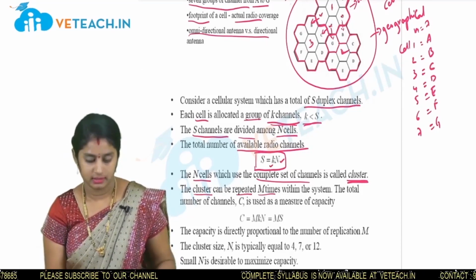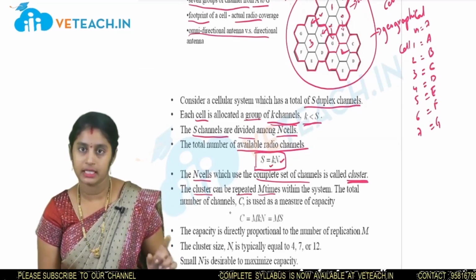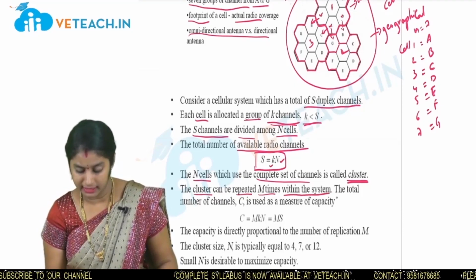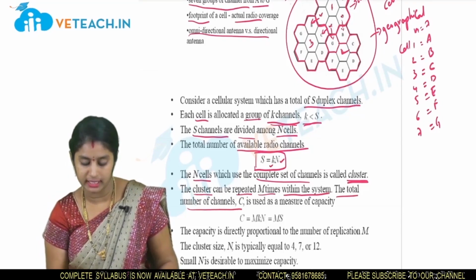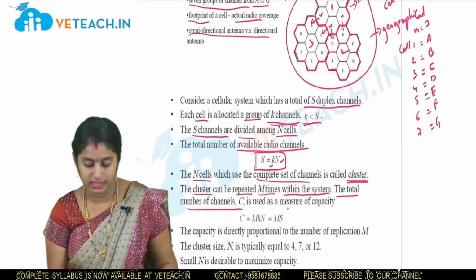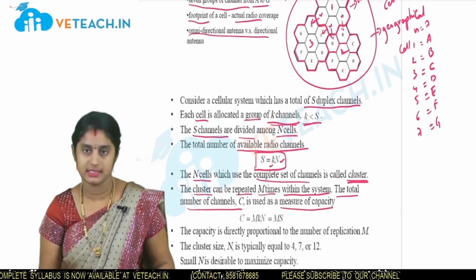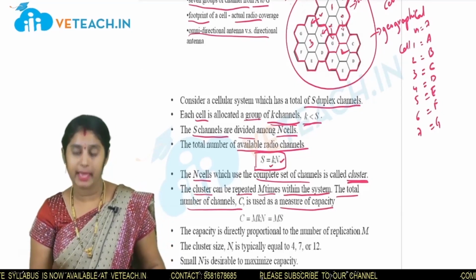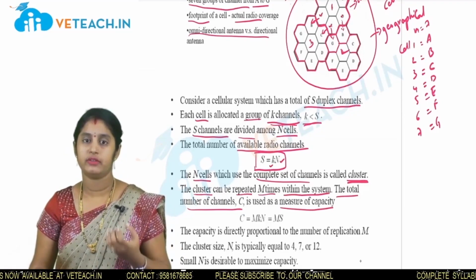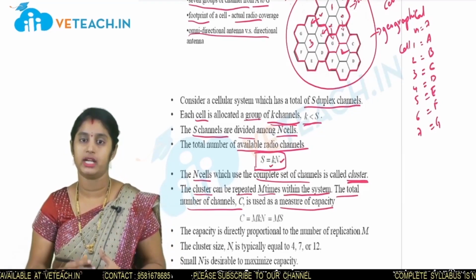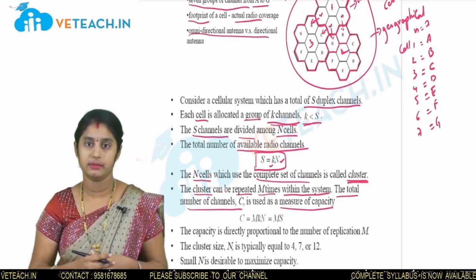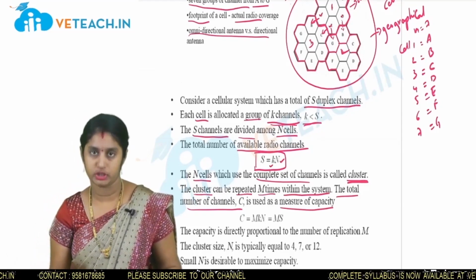For example, the cluster can be repeated M times within the system. Then the total number of channels allotted is C, and this C is used as a measure of capacity. What is the measure of capacity? The measure of capacity is nothing but how many times the frequency is reused and how many members are using the same frequency. That is the capacity measurement.